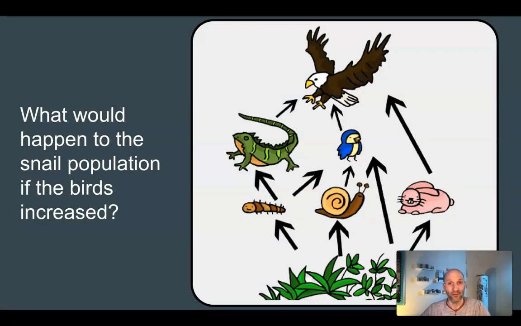The opposite happens when you increase a predator. So what would happen to the snail population if the bird population increased? If there was more birds eating the snails, well then the snail population would decrease.